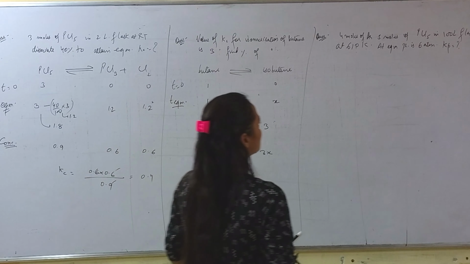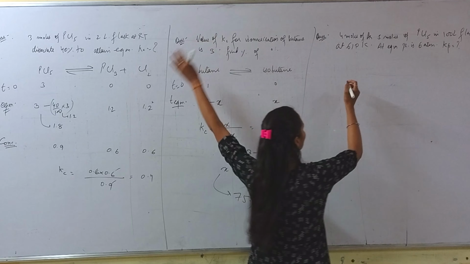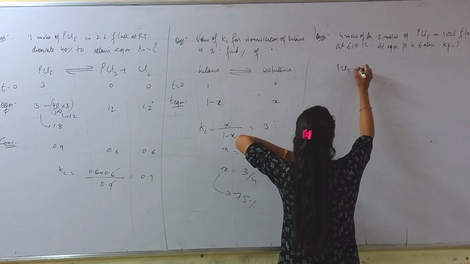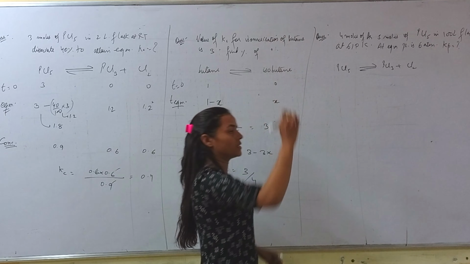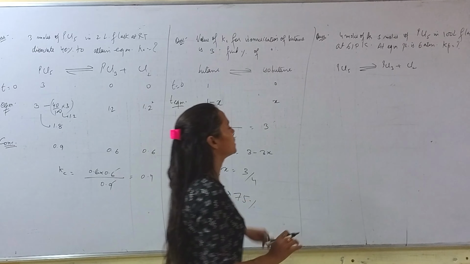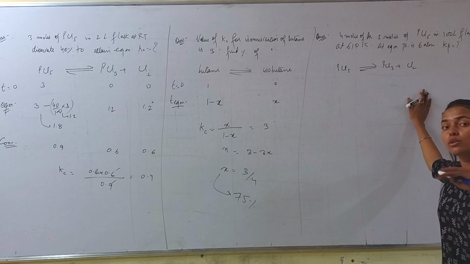For this type of question, the chemical equation is similar to the first one: PCl5 is dissociating to PCl3 and chlorine. But here, not only PCl5 is present, argon is also present.